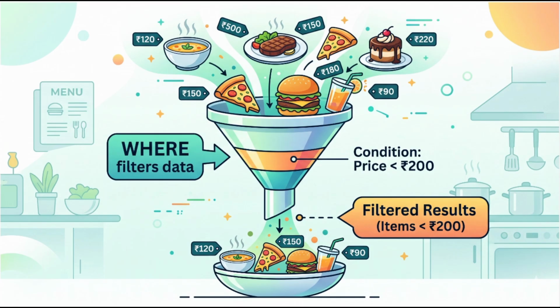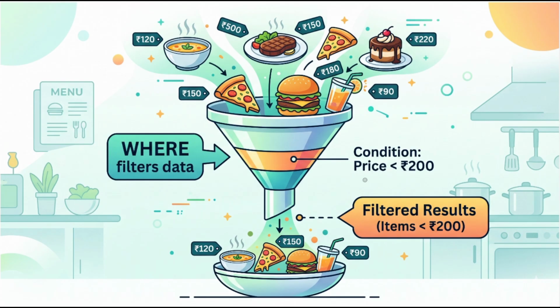Now imagine the restaurant has a long menu. There are snacks, meals, drinks, desserts, and expensive special dishes. But the customer is a bit choosy. They have their own budget within which they want the items to be listed.